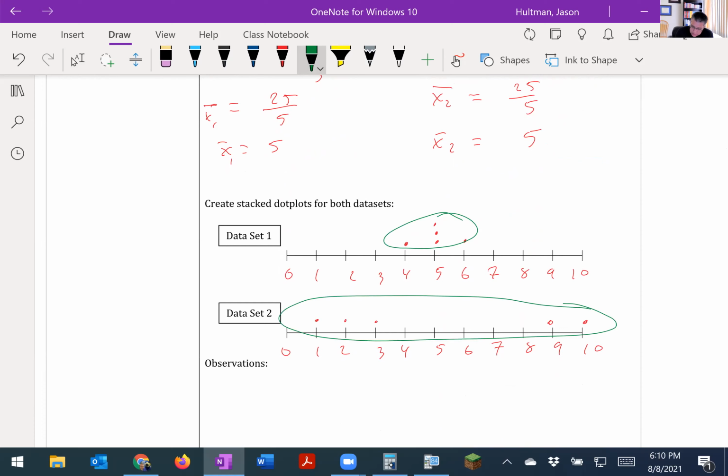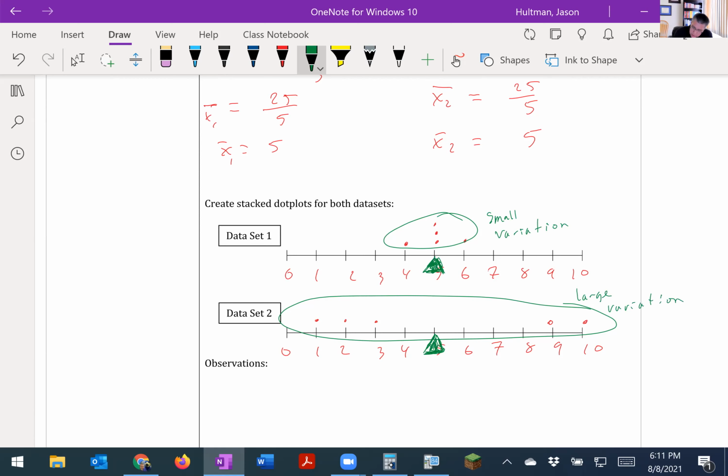Same mean, same middle. Okay, if we were to look at a balance here, these data sets would both be balanced at 5. However, one has a small spread, small variation, we call it variation, small variation in the data, and then here we have a large variation.